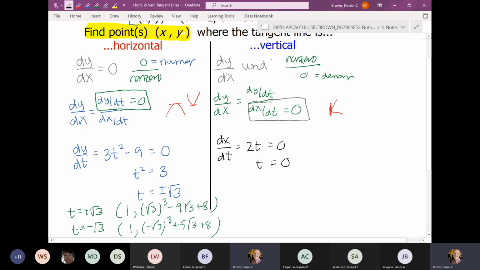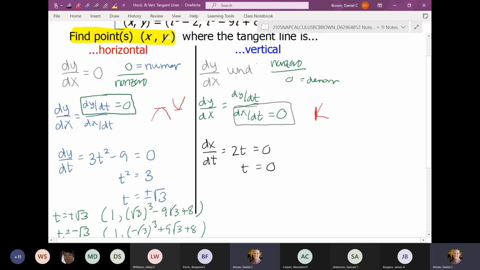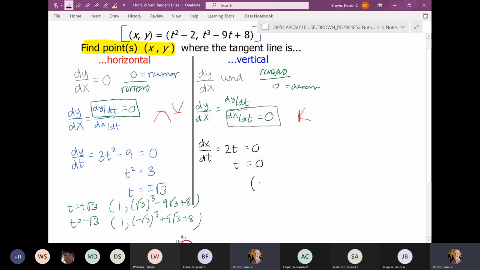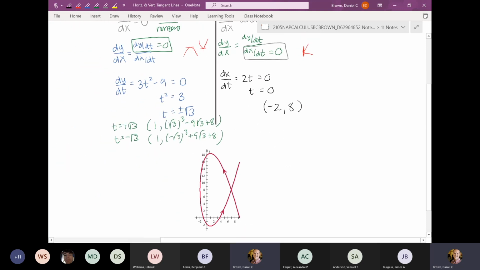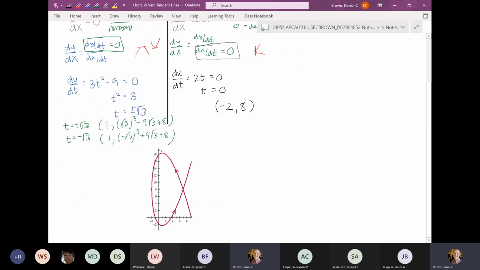The coordinate that goes with that, plugging it into the equations you have, is 0 minus 2, and 0 cubed minus 0 plus 8. We can see that our answers do match up. So negative 2, 8, that is when t is equal to 0. That is when we have a vertical tangent line.